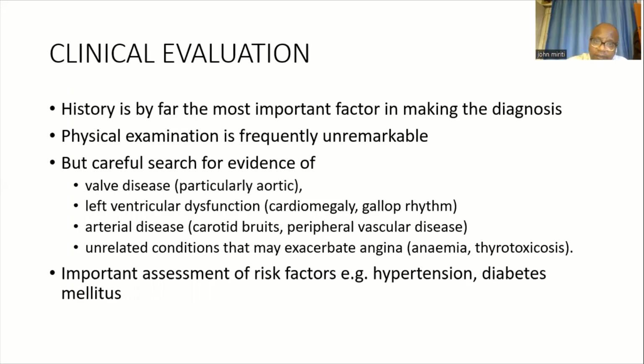Left ventricular dysfunction because of cardiomegaly, you start thinking of cardiomegaly if there is a displacement of the apex beat. Also arterial diseases like carotid bruits and peripheral vascular diseases, you also have to check for those.